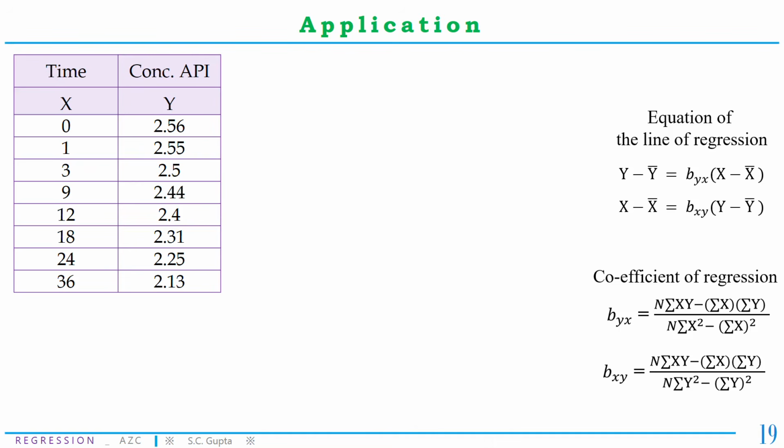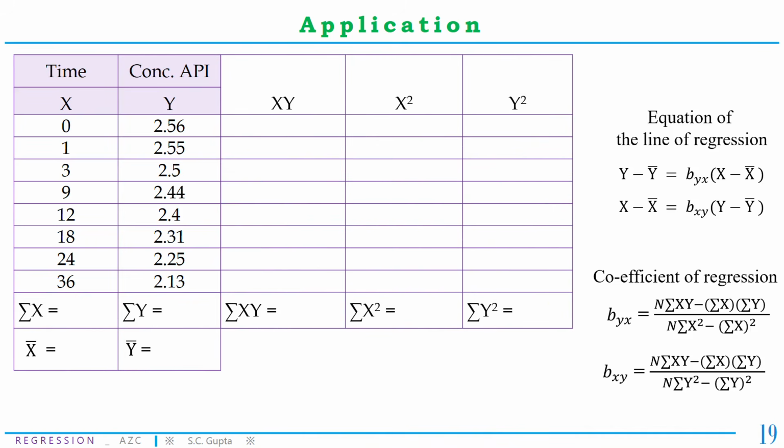For this given data, let us choose time as x and concentration of drug as y variable. Let's extend the table to calculate the values. Those are needed to solve these equations.